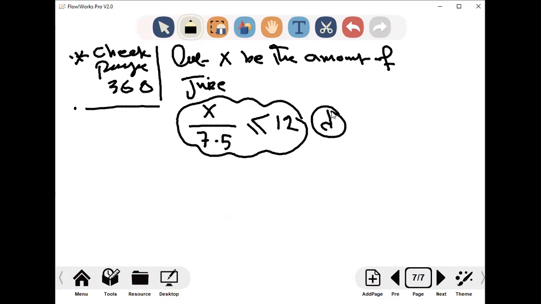Solve it. 7.5 we multiply it by 12, right? Yeah. So here x over 7.5 less than or equal to 12.